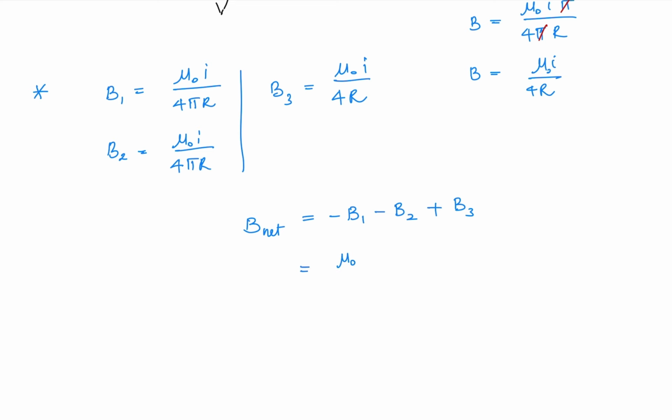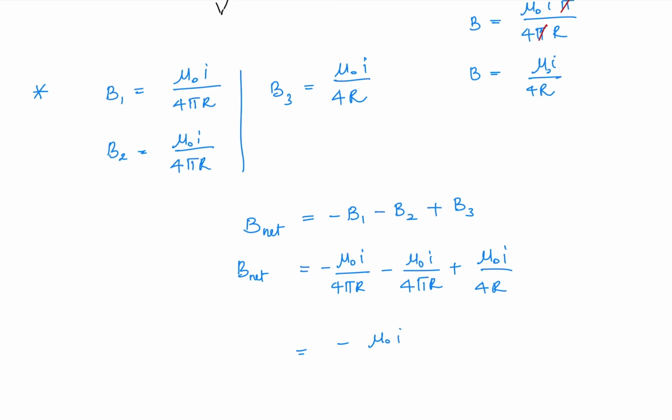That gives mu naught I by 4 pi r minus mu naught I by 4 pi r plus mu naught I by 4r. This is the net magnetic field at the point P.